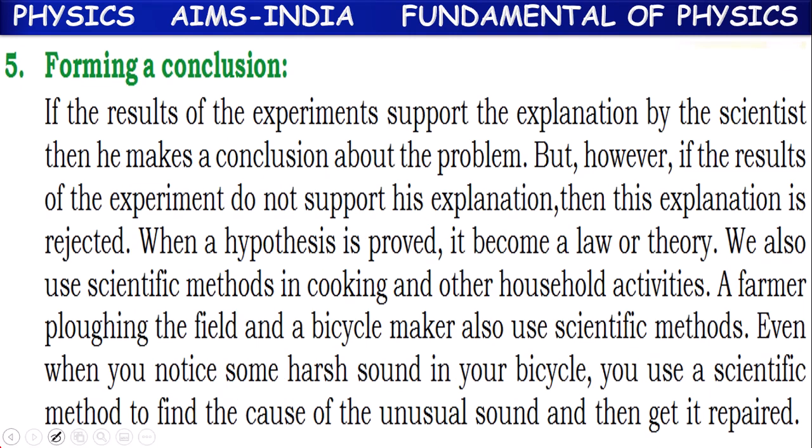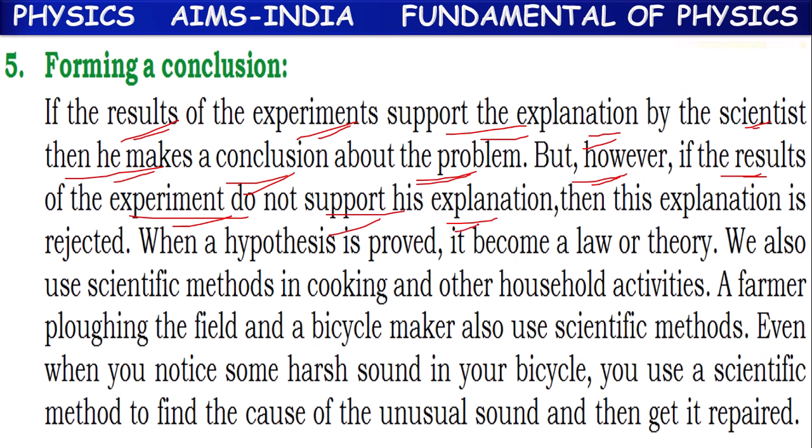Next one. If the results of the experiments support the explanation by the scientist, then he makes a conclusion about the problem. However, if the results of the experiment do not support his explanation, then his explanation will be rejected.